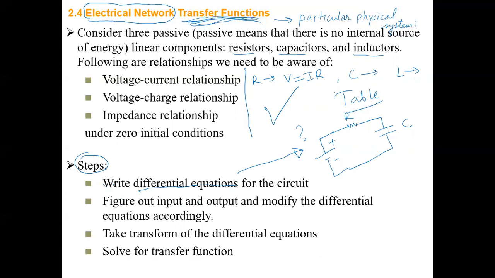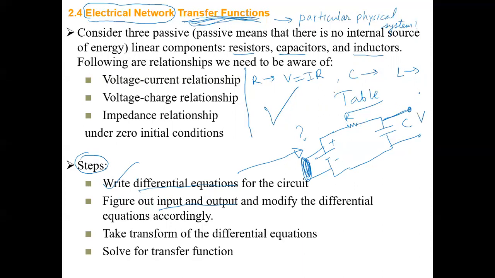That's your first step. Then figure out input and output. What are you supposed to submit? Looks like this is your input, right? This could be input, or could be something else too. We don't know. Are you supposed to find the voltage across this? Suppose this is your input, and you are supposed to find the voltage across this.